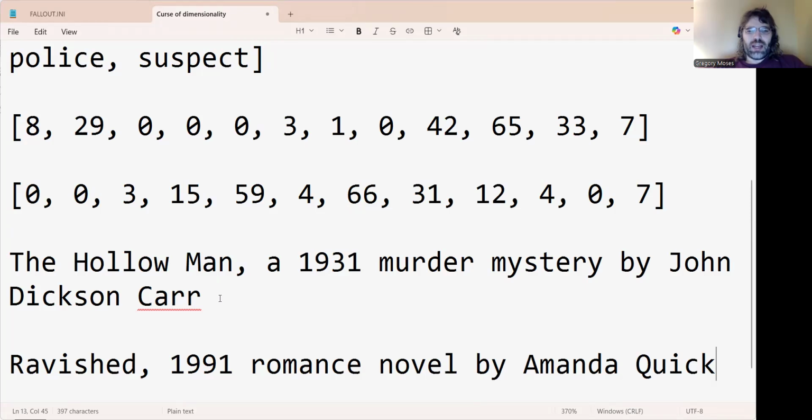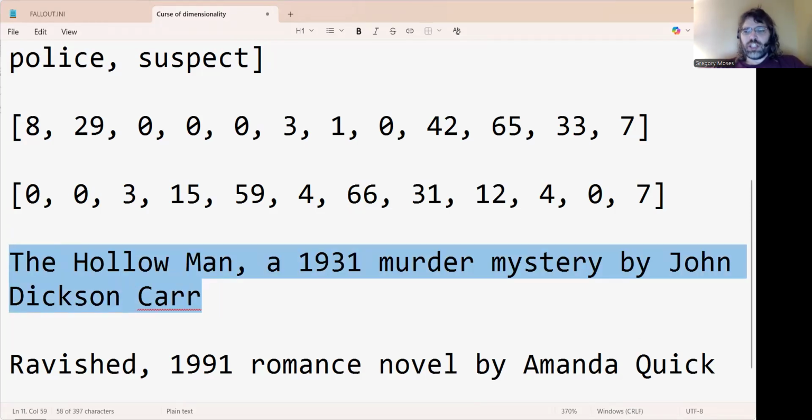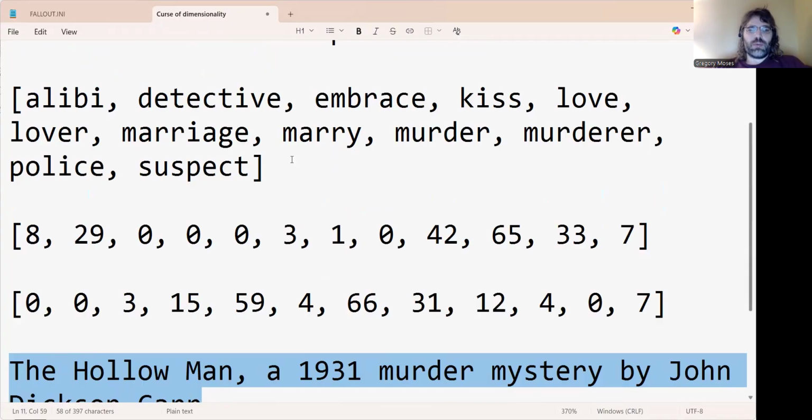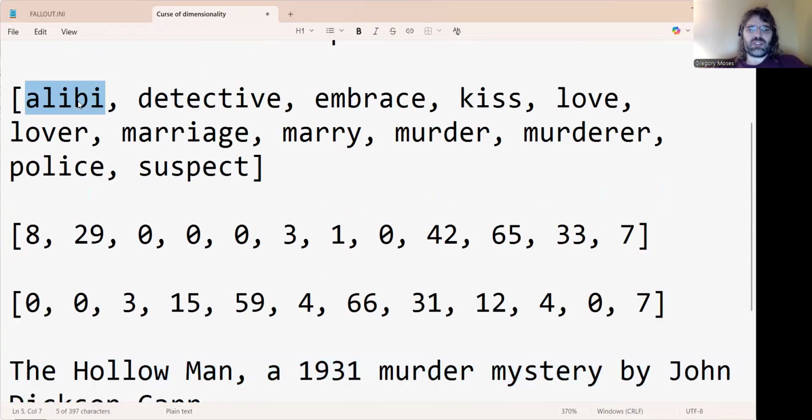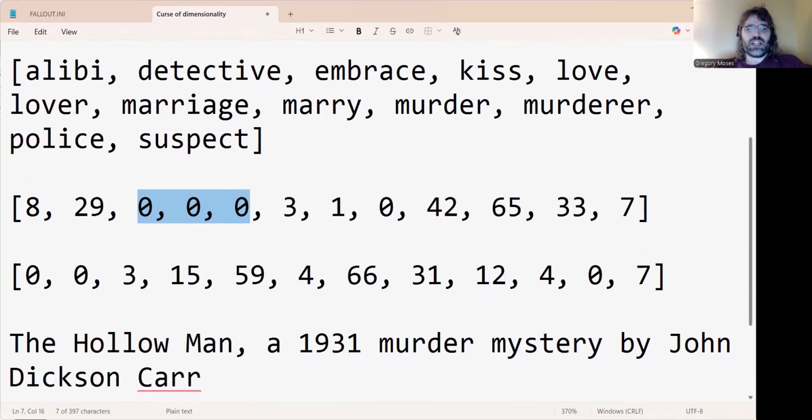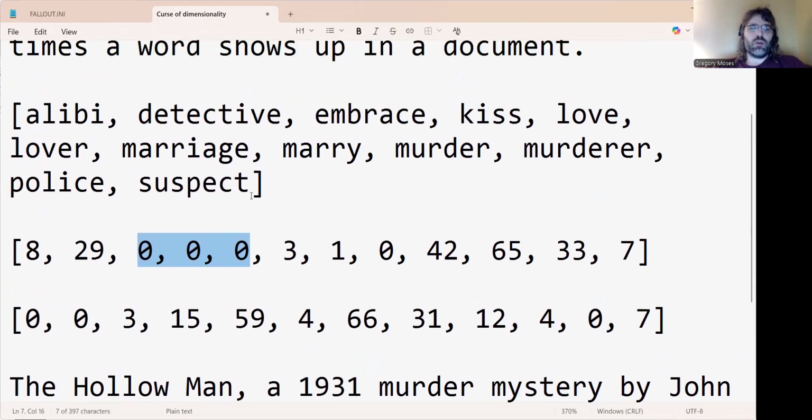The Hollow Man is a murder mystery. And all the words you'd expect in a mystery, like alibi and detective, show up in it, whereas words you'd expect in a romance novel do not show up in it. Ravished is a romance novel.